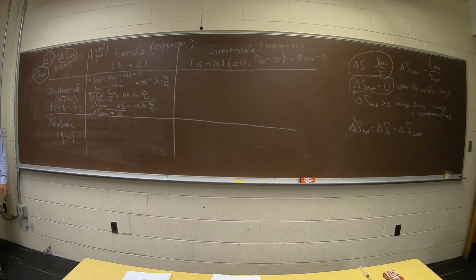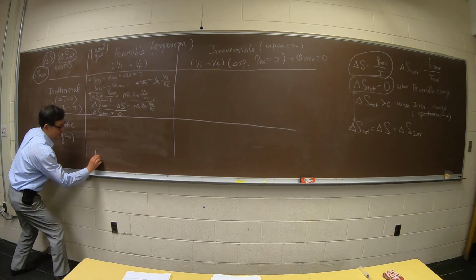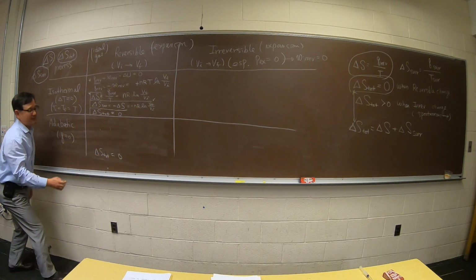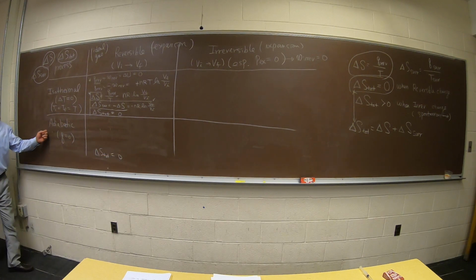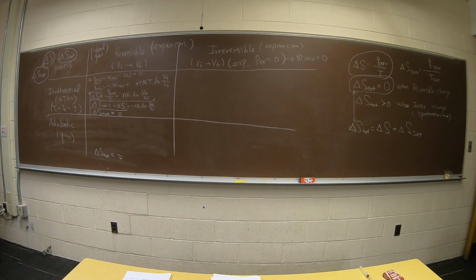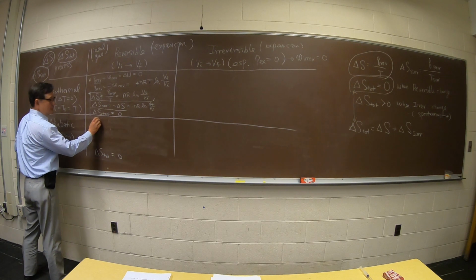So to think about the adiabatic, I already know. That was an easy freebie, right? Because for reversible adiabatic, delta S total is 0. I can jump onto that. And this one is essentially reversible heat.